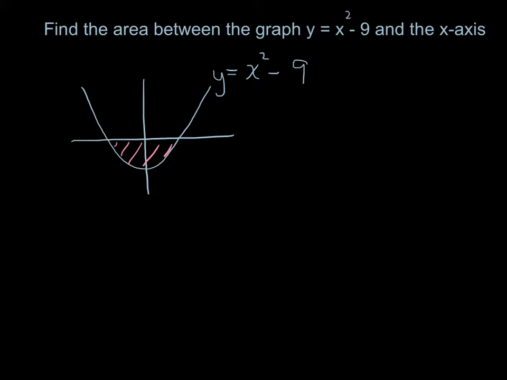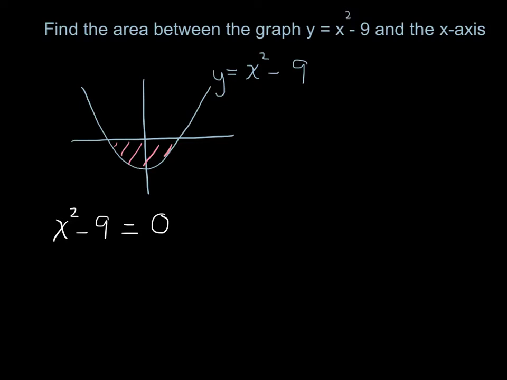But you'll notice we don't know what the limits of the integrable area are, so we're going to have to work them out. But the limits are simply the x-intercepts of the equation y equals x squared minus 9, or the roots of the equation. So the roots will be where y equals 0, so we're going to have to solve x squared minus 9 equals 0.